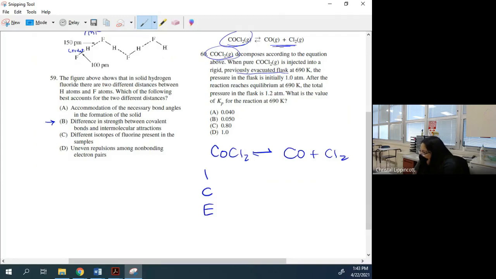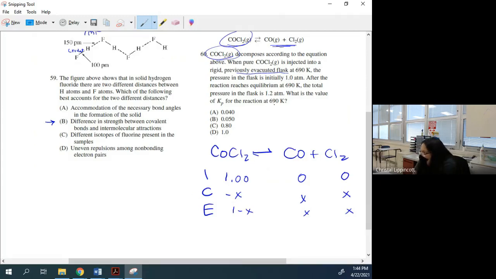So initially the pressure is at 1. It would have started out at 0 here and here. We would have minus x, and there's no coefficients here, so we don't have to worry about stoichiometric coefficients. So this is going to be 1 minus x and x and x. Everybody cool with that?